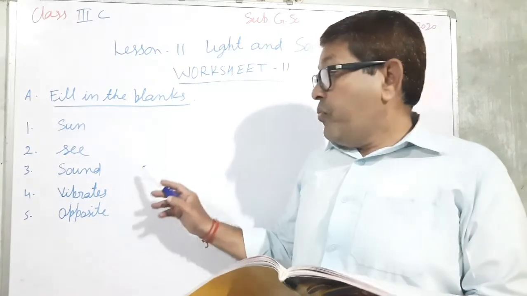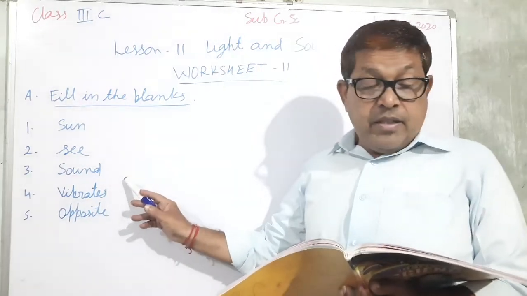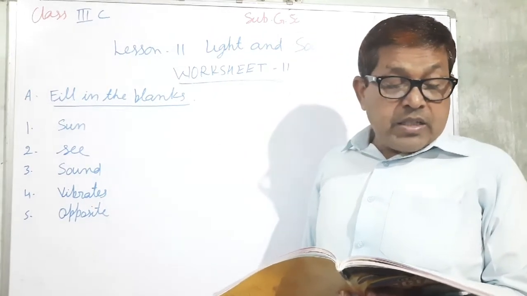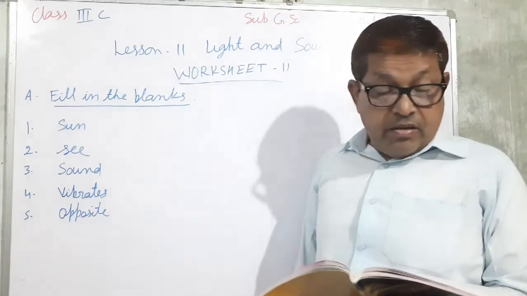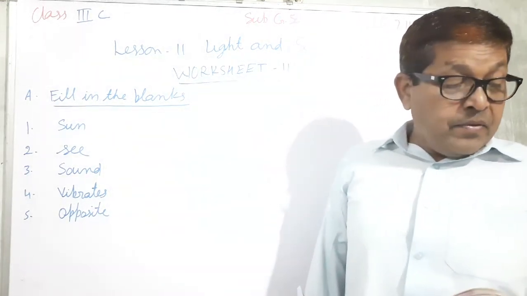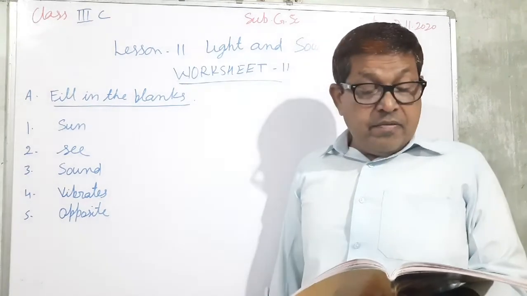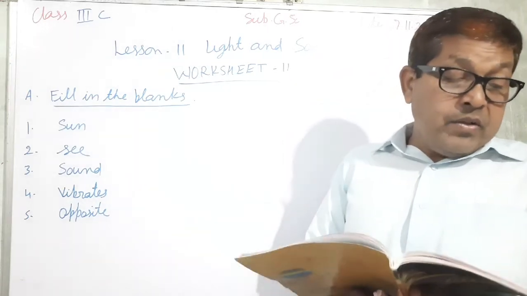And fourth, when an object vibrates, it makes sound. And fifth, a shadow is formed on the opposite side of the light source.